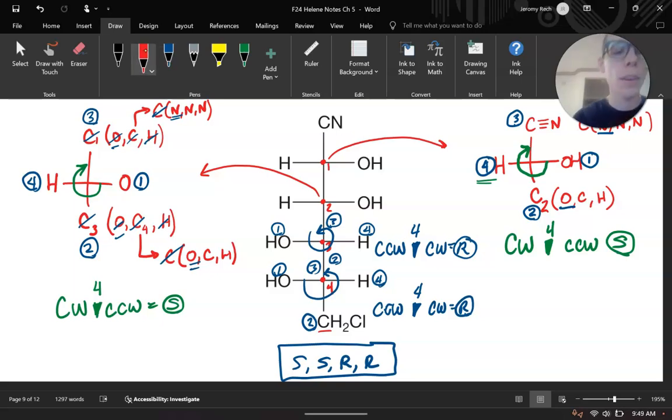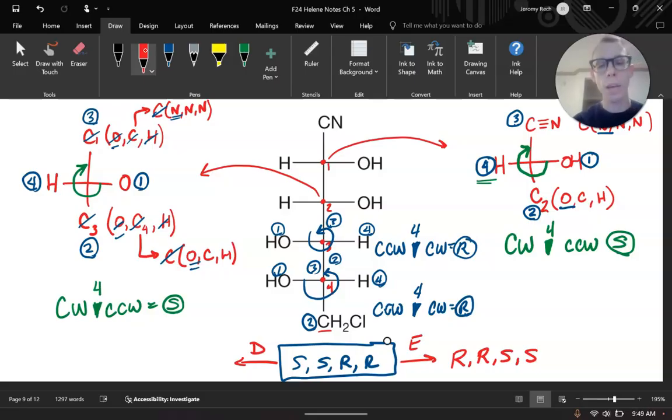Now, as a quick reminder, if we wanted to draw an enantiomer, an enantiomer is going to be switching every single one of those. So your enantiomer is going to be an RRSS. You can have a ton of diastereomers. Your diastereomers are going to be ones that have some the same and then some different.